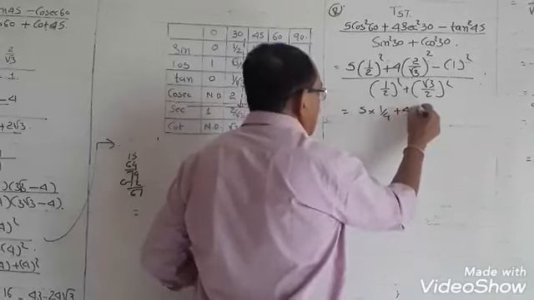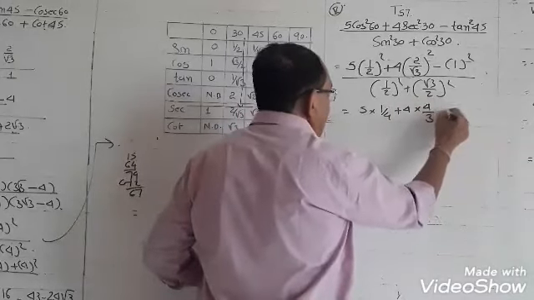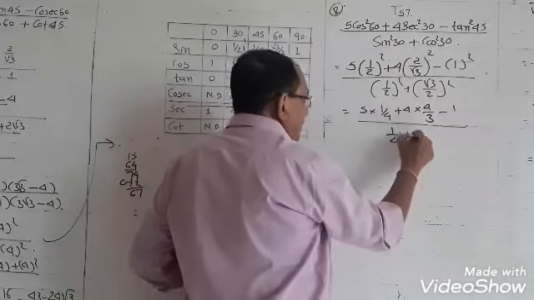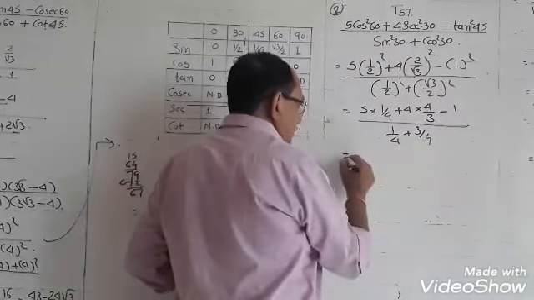So it is equal to 5 into 1 upon 4 plus 4 into 4 upon 3 minus 1, whole upon 1 upon 4 plus 3 upon 4.